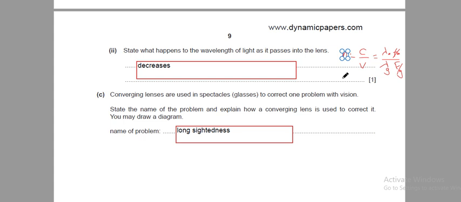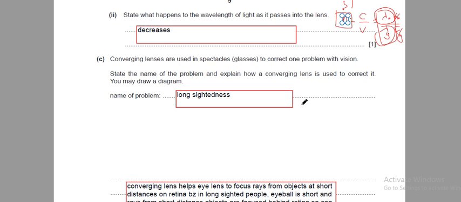This source vibrates at constant frequency, so refractive index is the ratio between lambda in air and lambda in glass. As this is greater than 1, lambda in air is greater than lambda in glass, so in glass wavelength decreases.